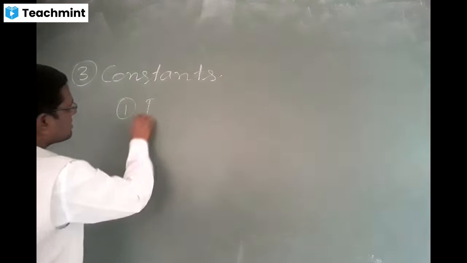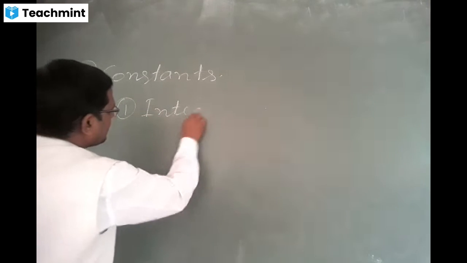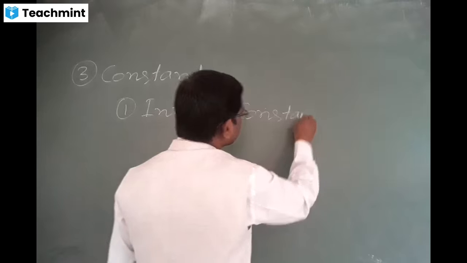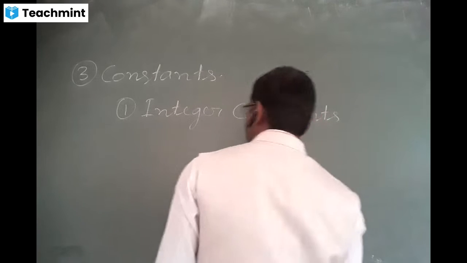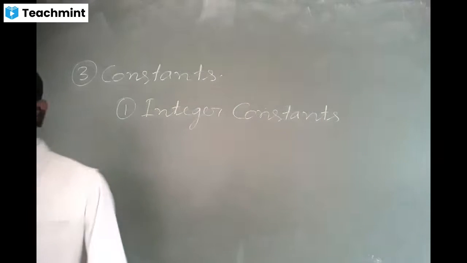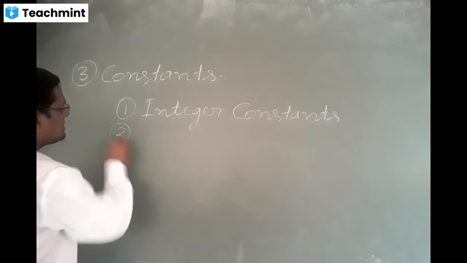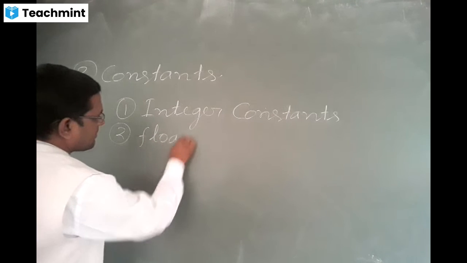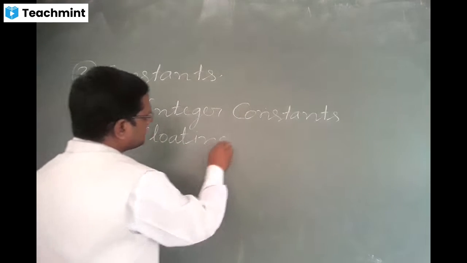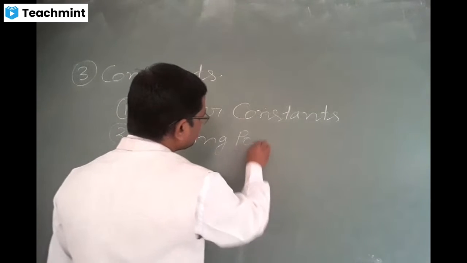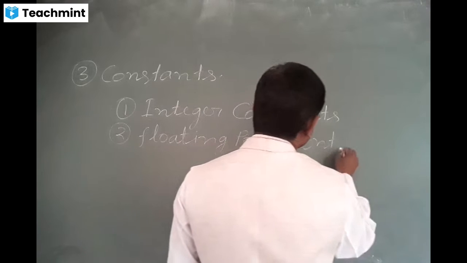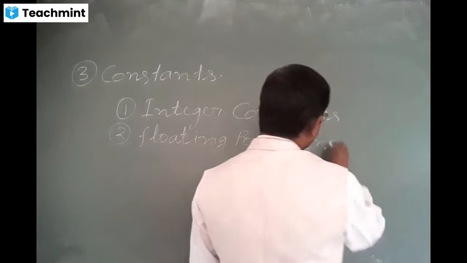The first is the integer constant, and the other is the floating point constant. Integer constants and floating point constants.